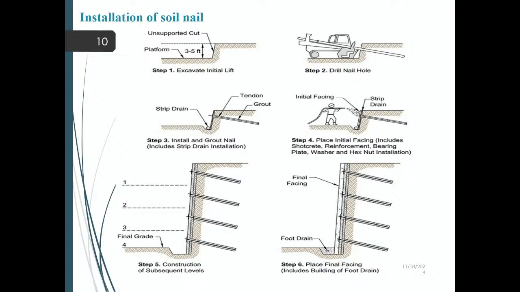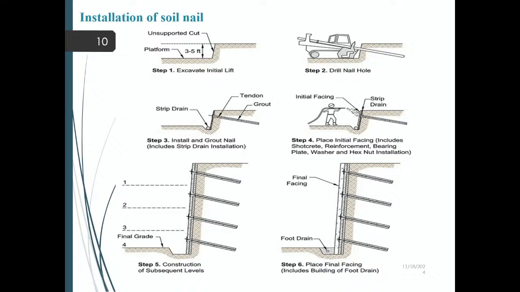From the top we cut the surface up to 1 meter, then we build a gallery, which causes certain disturbance in this area, but we have to adjust the speed of installation accordingly.